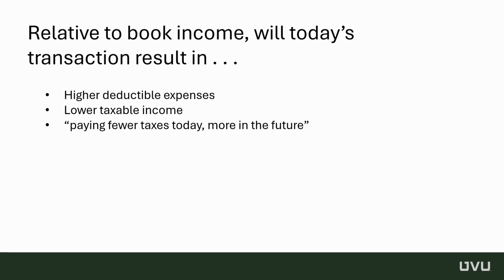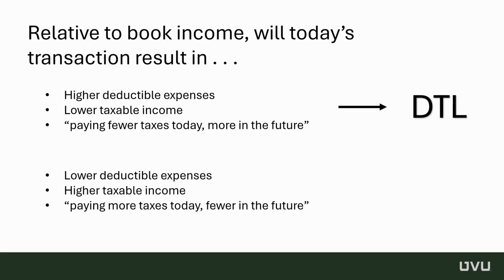If those are true, this indicates that the transaction will result in a deferred tax liability. On the other end, if today's transaction results in lower deductible expenses or higher taxable income relative to book income, or in other words, if it feels like we're paying more in taxes today but will pay fewer in the future, this will result in a deferred tax asset.